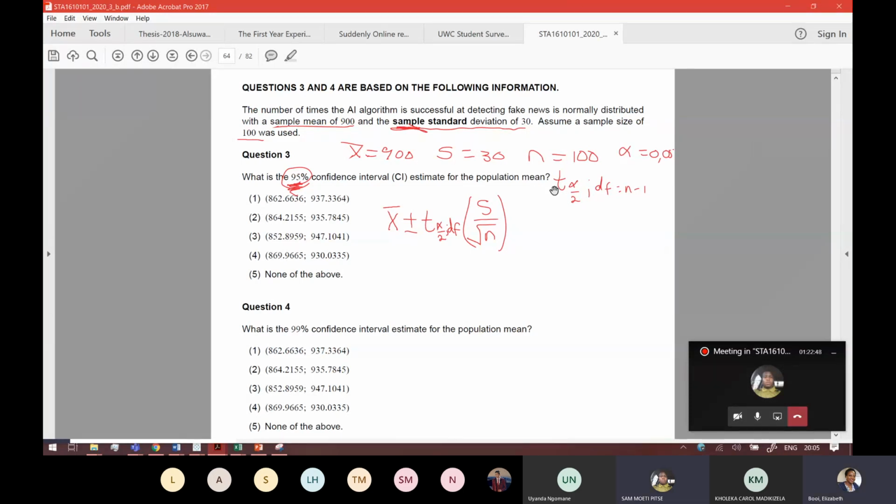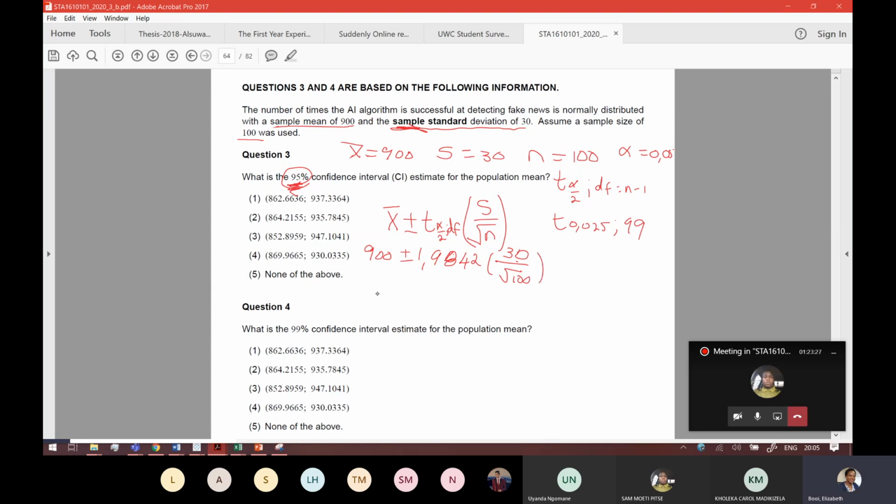Okay, let's see. Substituting into the formula, we have 900 plus or minus. Did you go find the critical value? Yes, it's 1.9842 times the standard deviation of 30, divided by the square root of 100.